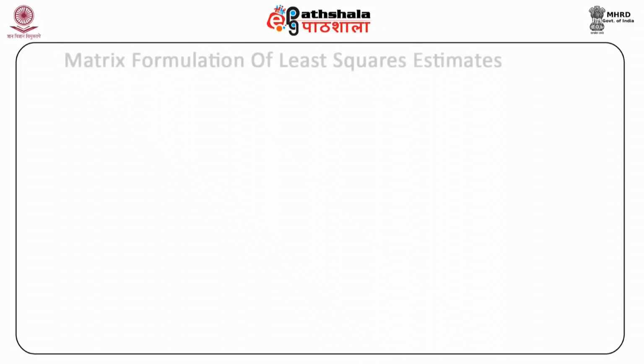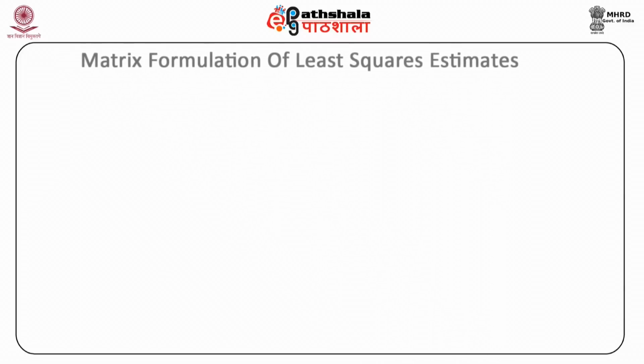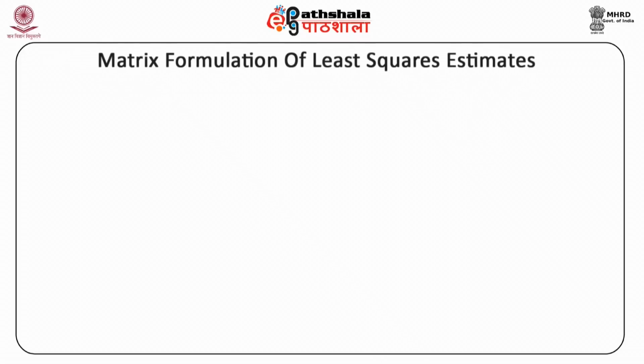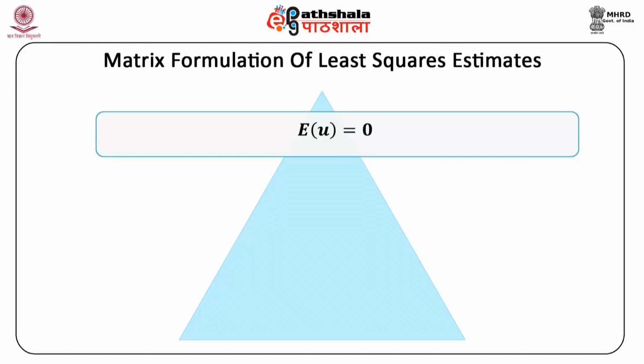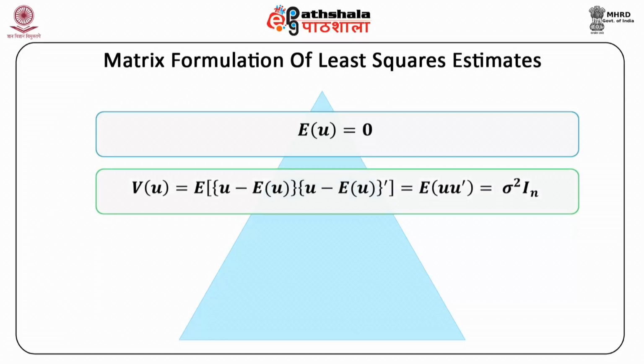The classical assumptions in matrix form representation are as follows. First, expected value of u is equal to 0. Second, variance of u is equal to expected value of u minus expected value of u into u minus expected value of u prime, which implies it is equal to expected value of u u prime and is equal to sigma square into In, where In is the identity matrix of the order n.